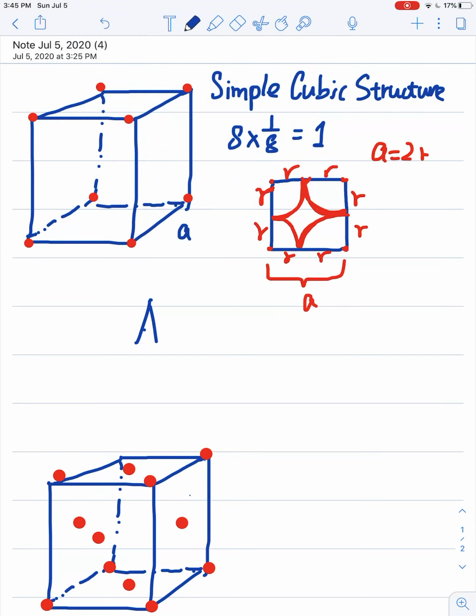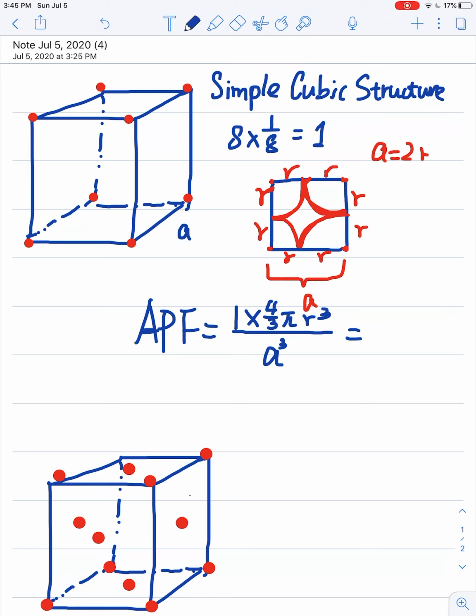So the APF is going to be very easy to calculate as well. The APF of this simple cubic structure is going to be the total volume of atoms, which is 1 atom times 4/3 pi R cubed. And on the bottom we have the total volume of this unit cell, which is going to be A cubed.